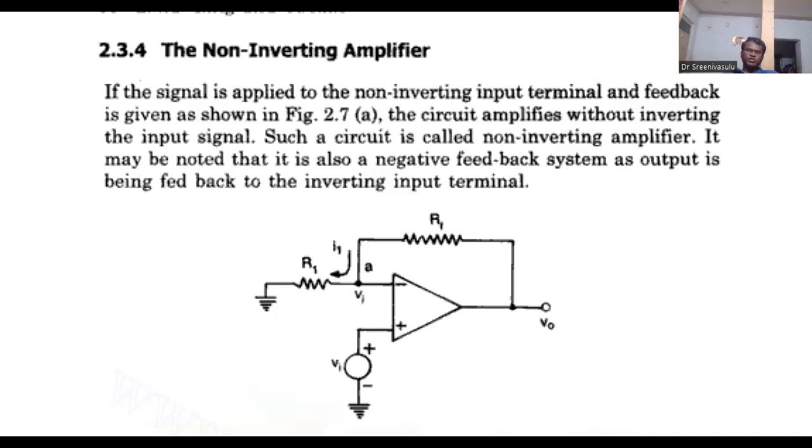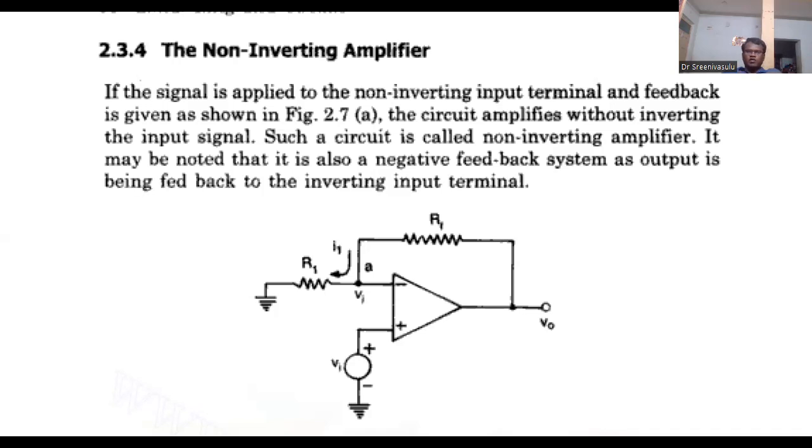Now, either of the input terminals draws no current. If you apply nodal analysis at node A, it can be solved in two methods. One method: the current is shown flowing from the output to node A, and the same current also flows through R1, because the inverting terminal is not drawing any current.